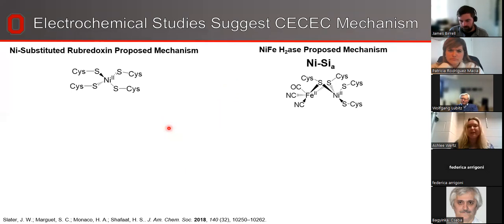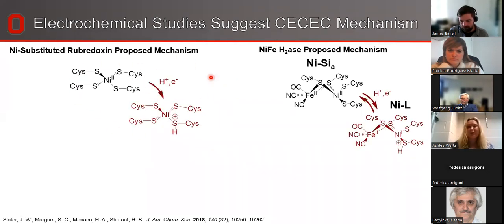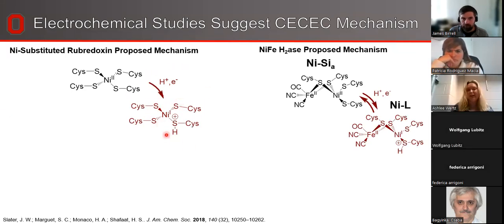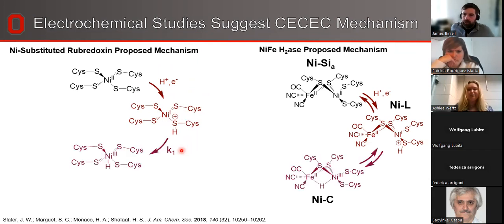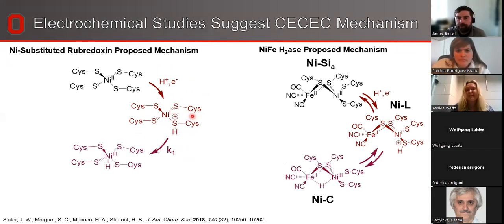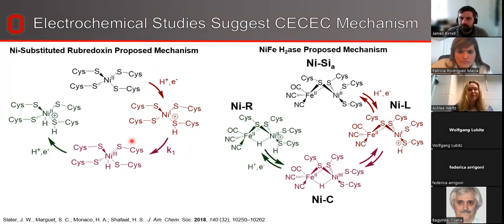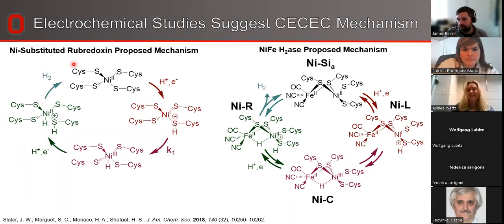Stepping through this mechanism, we have a nickel-2 resting state. And then we believe we have a proton and an electron come in, forming a nickel-1 intermediate with a protonated coordinating cysteine residue. We believe our rate determining step is intermolecular proton transfer to form this nickel-3 hydride. We have another proton and electron come in, and then hydrogen gas is evolved.